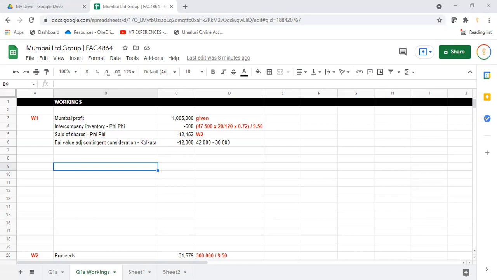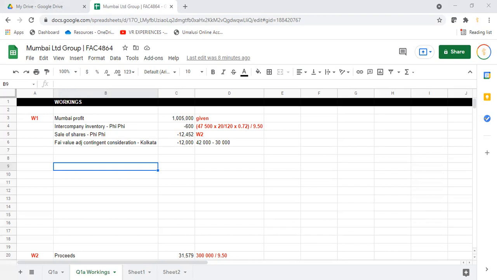So Mumbai made the sale, and because Mumbai made the sale, Mumbai has the unrealized profit. Therefore the profit included in Mumbai's books is overstated, so we'll have to adjust Mumbai's profit.